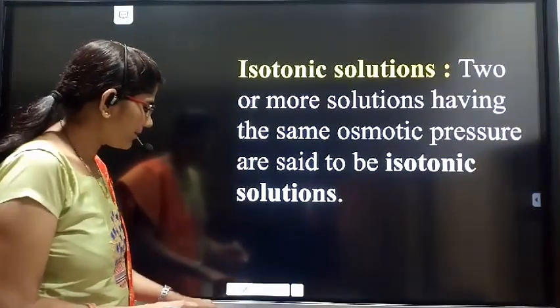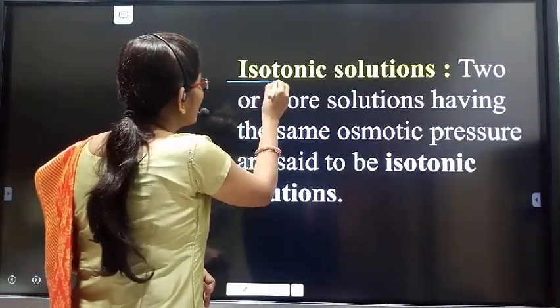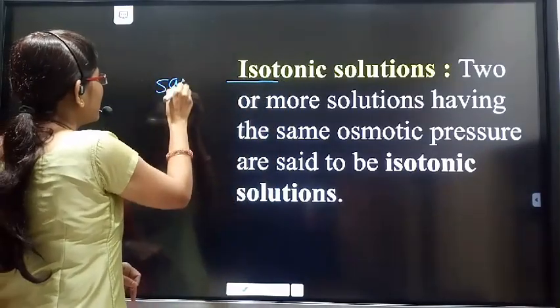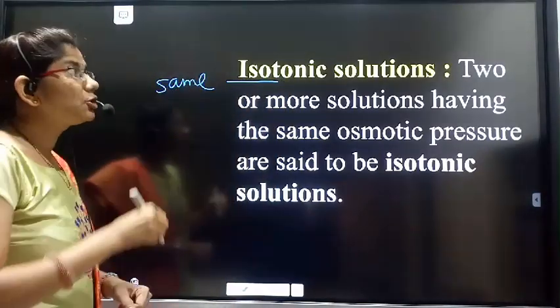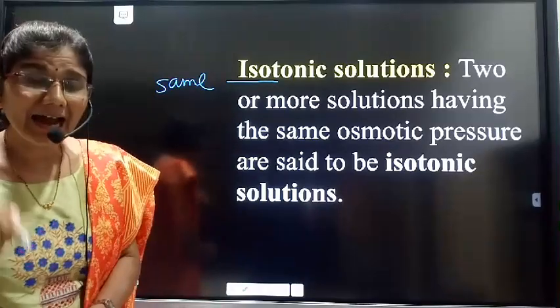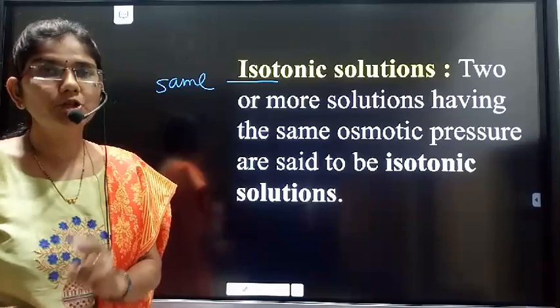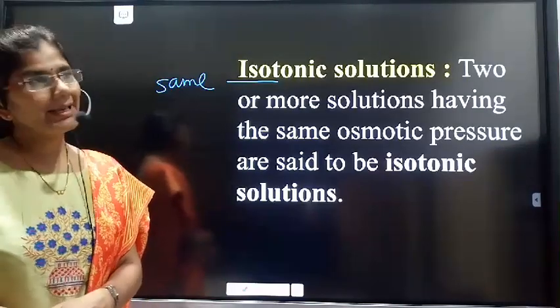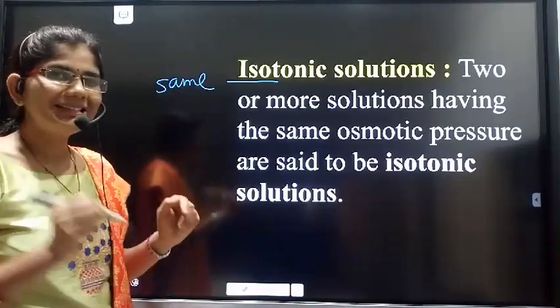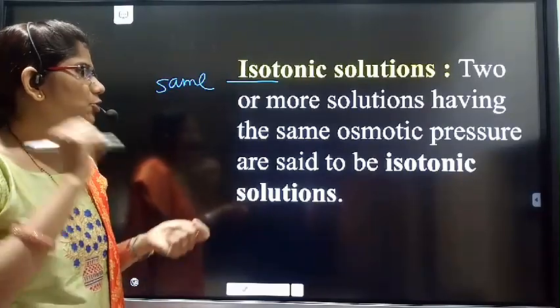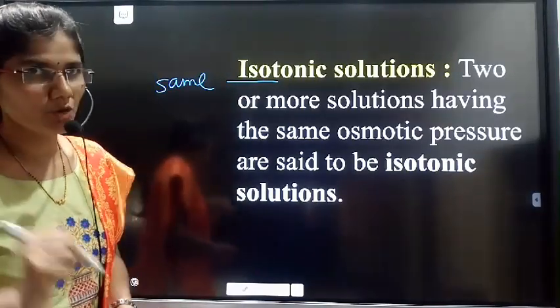Iso means same. If two solutions have the same osmotic pressure, then those two solutions are said to be isotonic solutions.